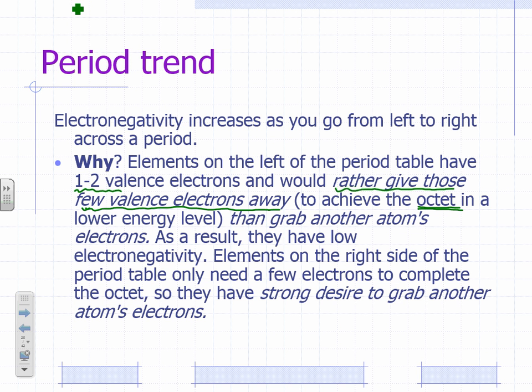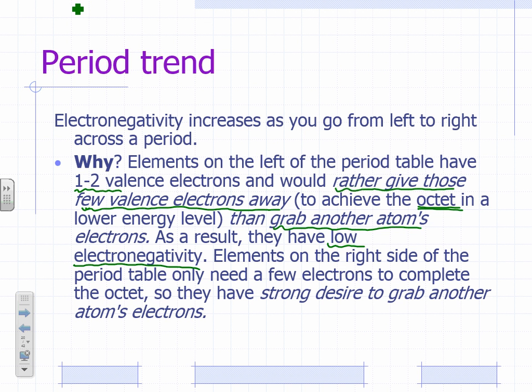So it's easier for them to give those electrons away than gaining electrons from other atoms. And so if they have a tendency to naturally give away electrons rather than gain them, it follows that they're going to have a lower electronegativity.